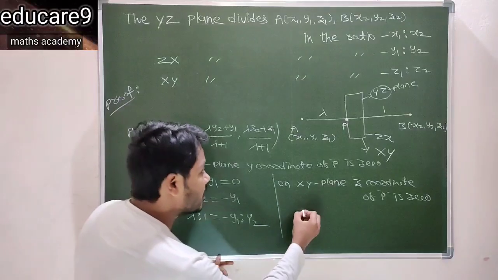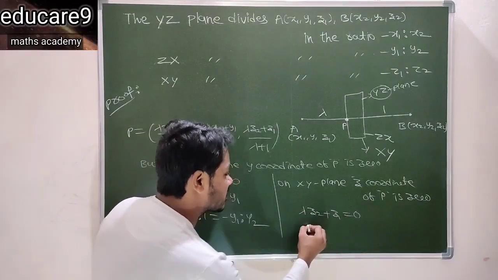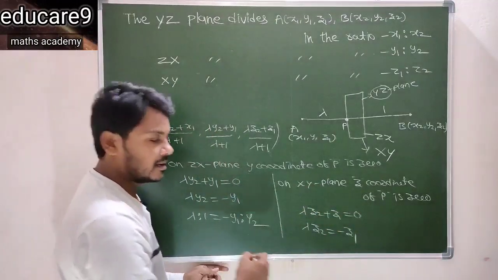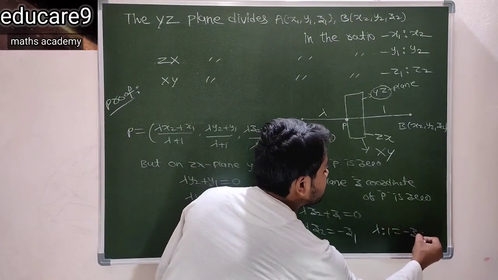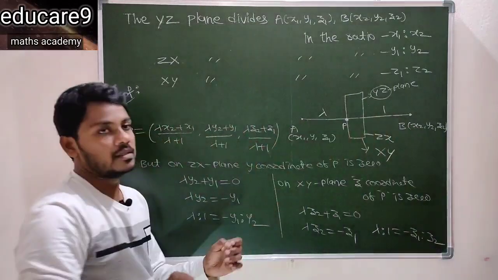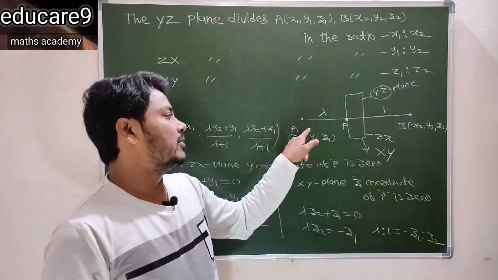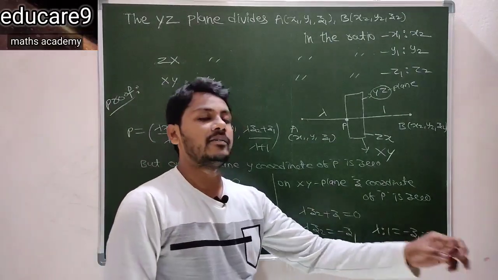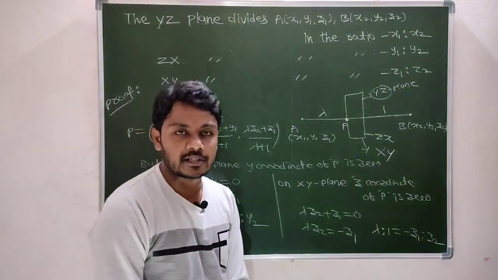So lambda z2 plus z1 is equal to 0. Clearly lambda z2 is equal to minus z1, so lambda is to 1 is equal to minus z1 is to z2. Therefore from this you can say that the xy plane divides the line segment AB in the ratio minus z1 is to z2. Okay, for the next session we will discuss more proofs.